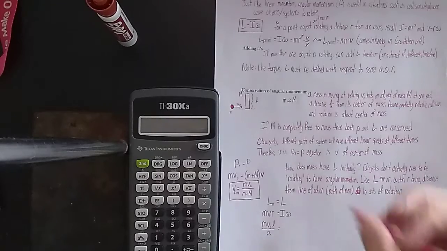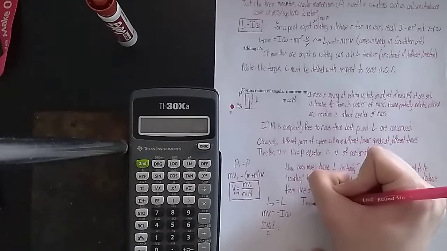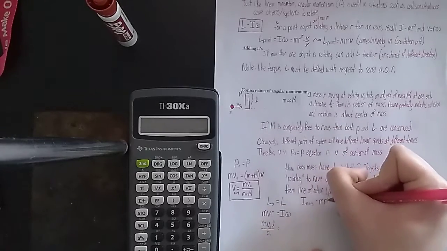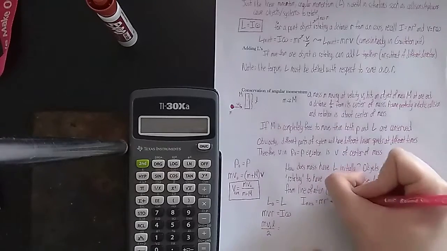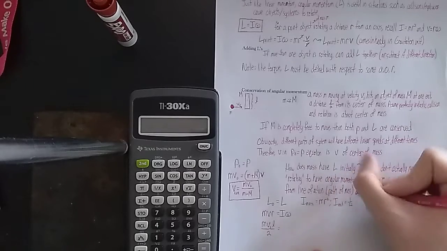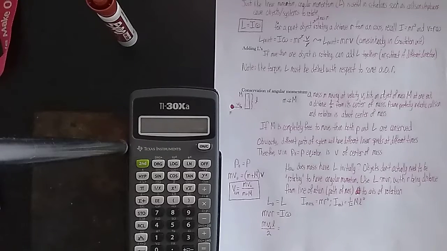Now, what's I? Remember that the moment of inertia for a point mass is mr squared. And I'm going to give you the moment of inertia for a rod. That's 1/12 ml squared. One of the things we learned when we talked about moments of inertia is if you have a complex system with multiple parts, you simply add the moments of inertia together.